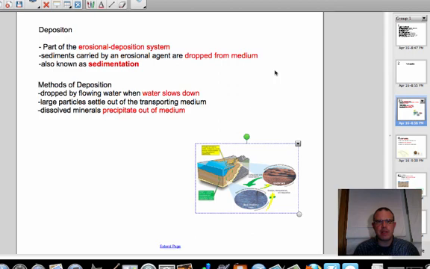And when that happens, the particles will start to settle out. Larger particles settle out of the transported medium. So with wind it would be the same way. As the wind is slowing down, larger particles would fall out. Also, particles that are dissolved, or the minerals that are dissolved, can eventually precipitate out. Again, that can be a temperature change, or that can be something to do with a chemical change in the water.